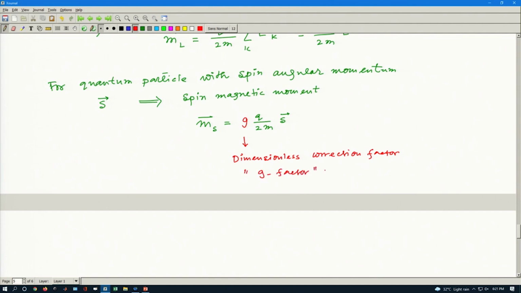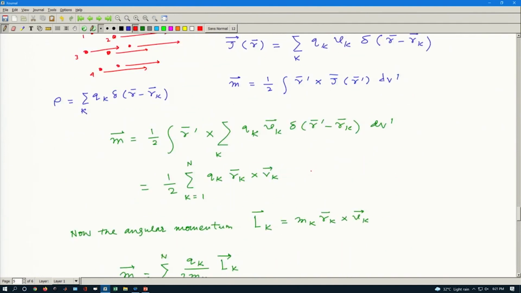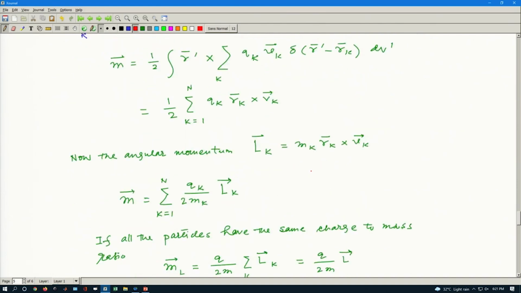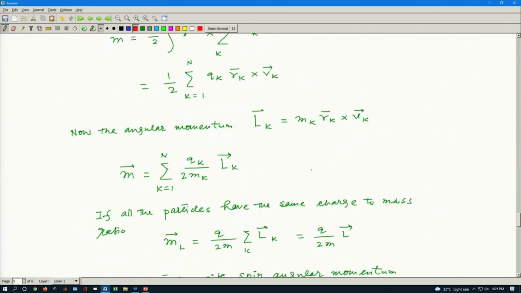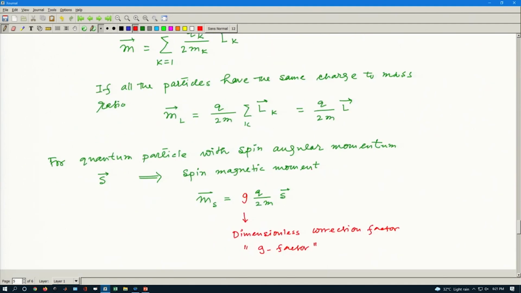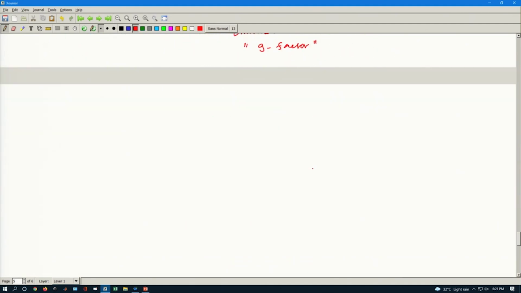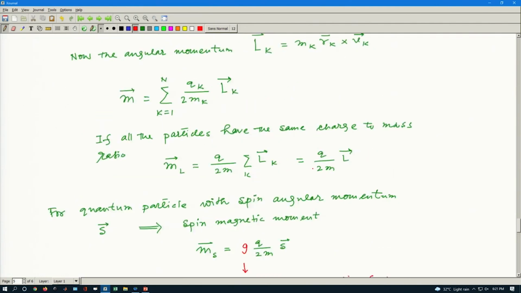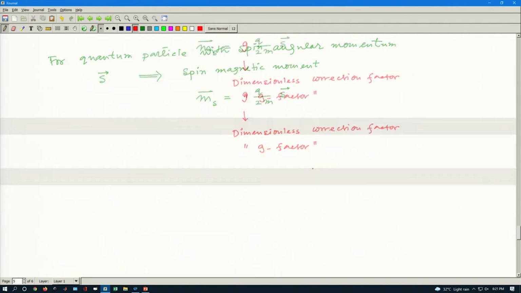In this treatment, I just want to show how one can correlate the magnetic moment with the spin angular momentum. So, this is the way one can correlate that.